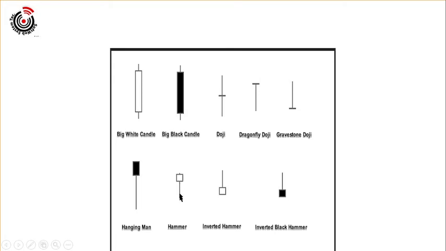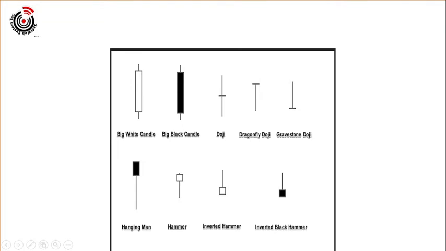All of a sudden buyers came in, and when it opened, this was where it opened. Then they came in buying above the open, and they closed at the top. Remember the characteristics of a bullish candle: it opens at the low and then closes at the top. Now this guy opened at the top and closed at the low.